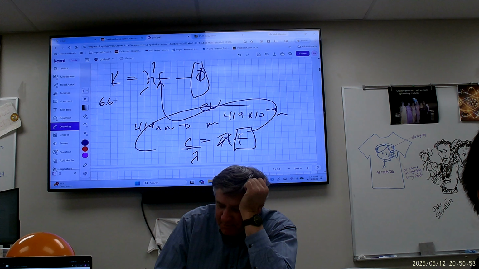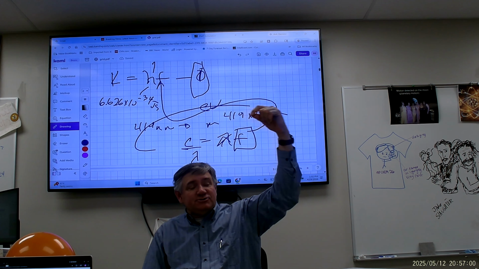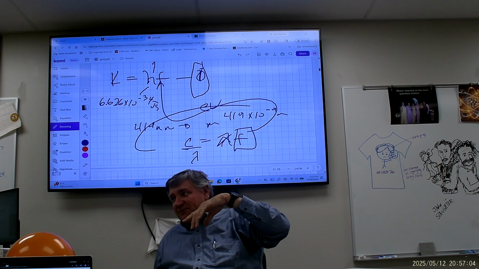Then, again, if you're an absolute hardcore purist, you would multiply that by 6.626 times 10 to the negative 34th joule seconds, get the answer in joules, and then convert that into electron volts. You can do it that way, and it works. It's a god-awful amount of work, a god-awful amount of calculations. I would never do that. I'm just saying it's an option. Why would we want to torture ourselves, Barry?